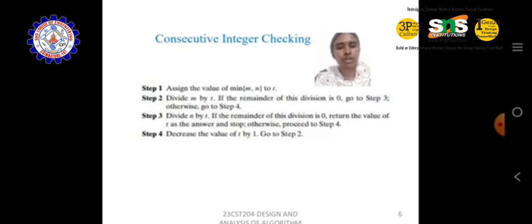Then sort the list in ascending order. Third, for each pair of consecutive integers in the sorted list, check if the difference between the current integer and the next integer is exactly 1. If any pair fails this condition, return false, the numbers are not consecutive. If all pairs pass, return true, the numbers are consecutive.